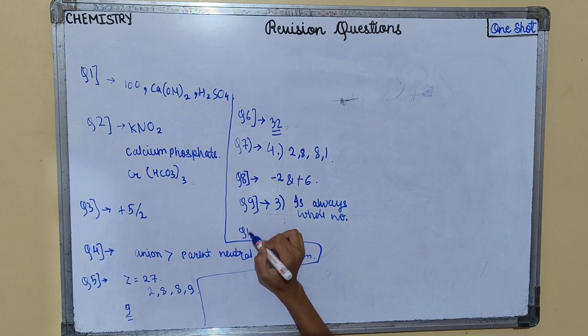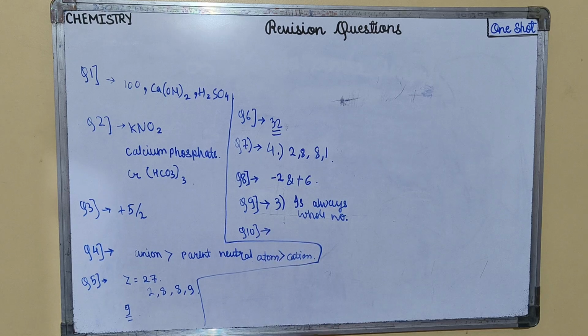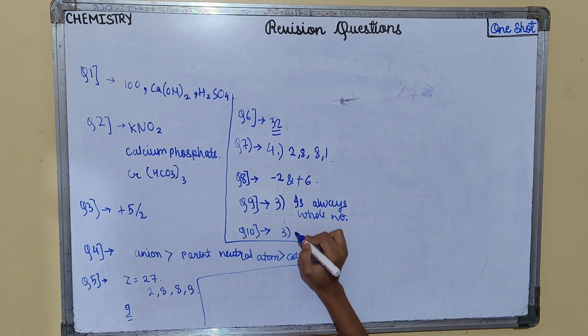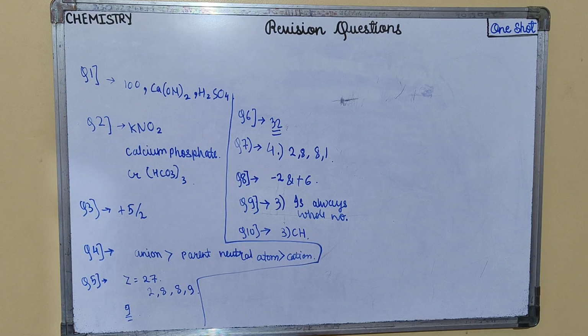So now the last objective type, question number 10 is the empirical formula of benzene is. So answer is option number 3, CH. Option 1 was C6H6. Option 2 was C6H12. Option 3 is CH.